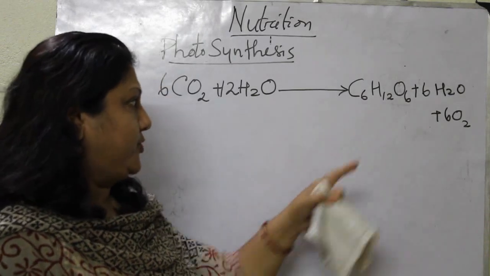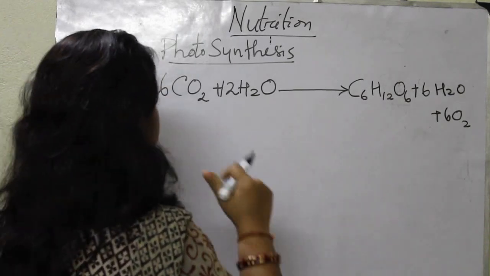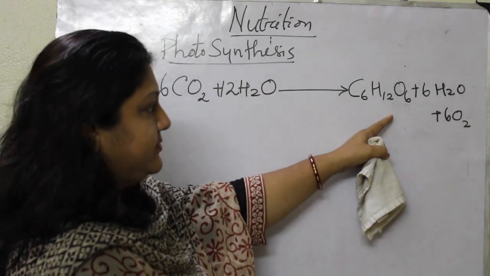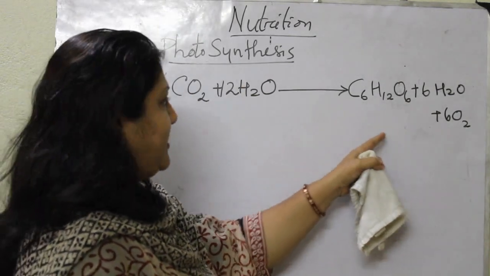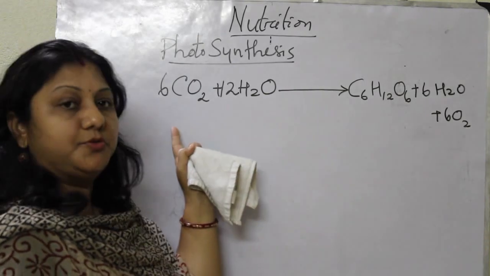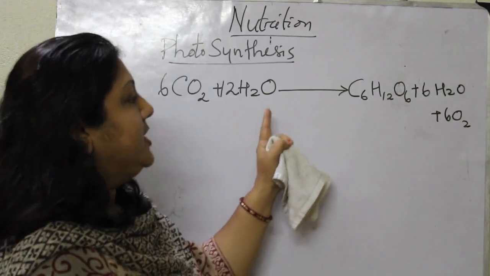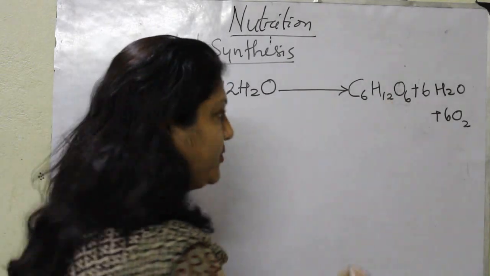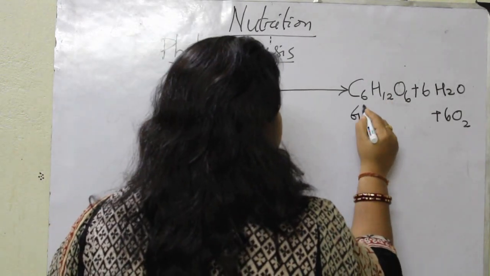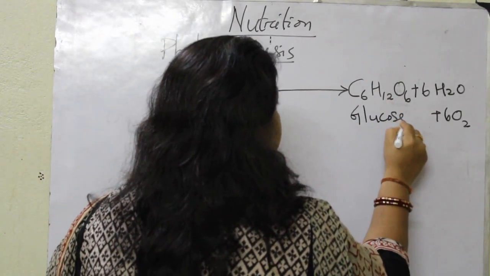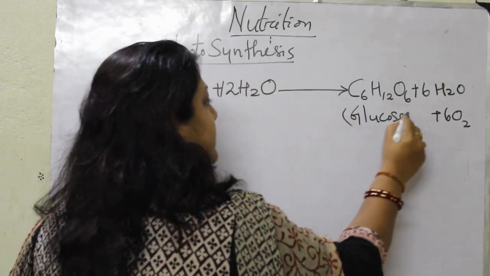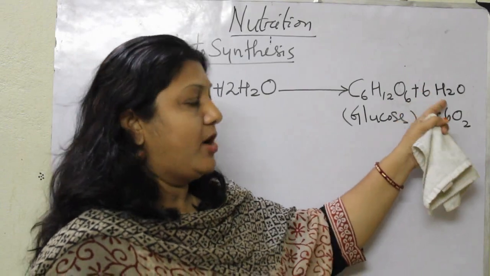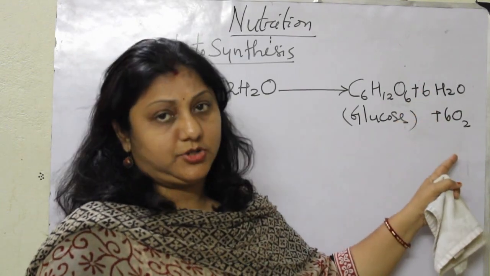Now the equation is balanced. So 6CO2 plus 12H2O gives rise to C6H12O6, the glucose molecule, the simple carbohydrate, and along with that the byproducts produced, that is the water and the oxygen molecule.